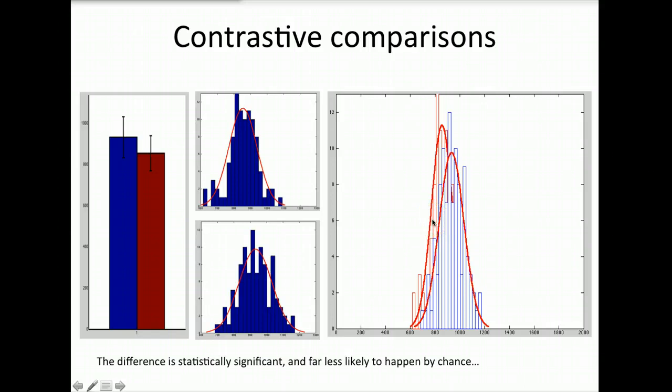And that is actually exactly the case. So in this particular case, if we again see this difference in mean, but with less variance within the measurements we have taken, then the difference is suddenly significant. That is, it's far less likely that this difference happened by chance.